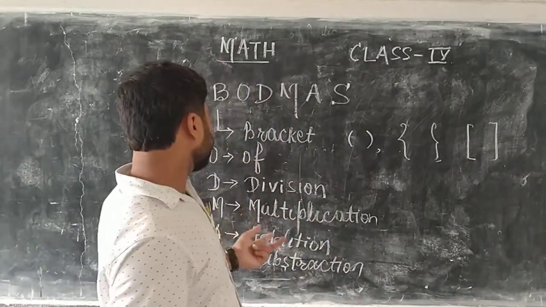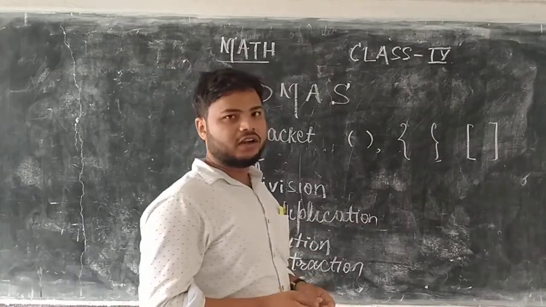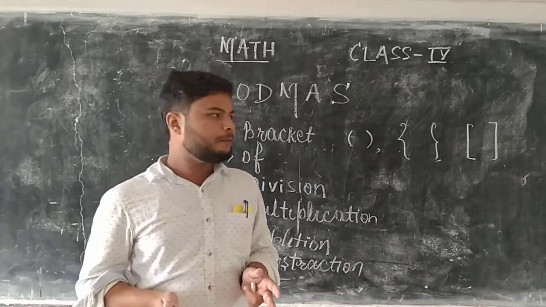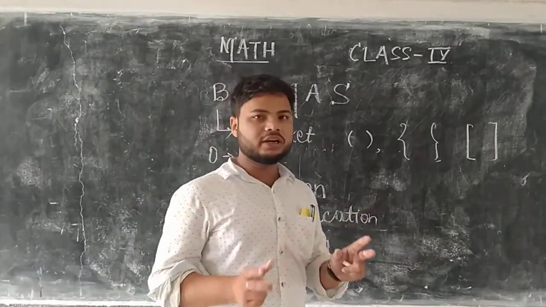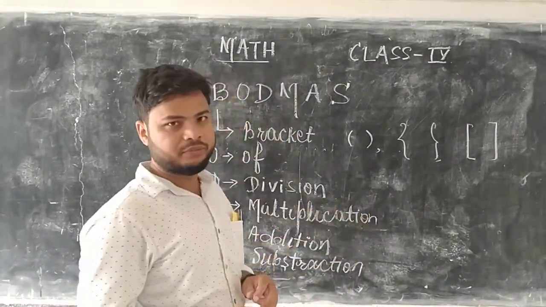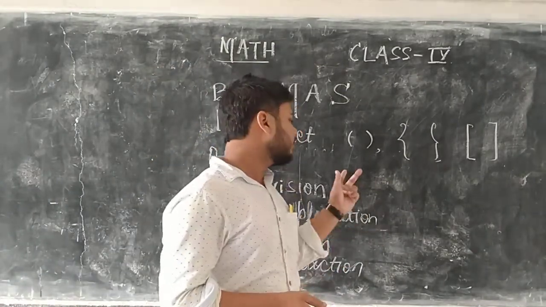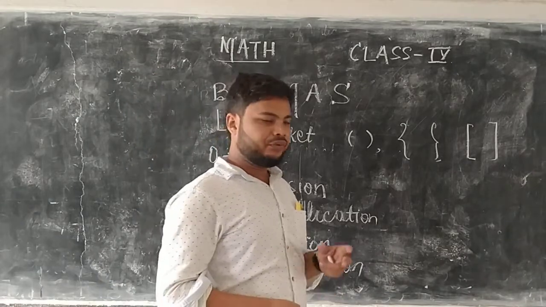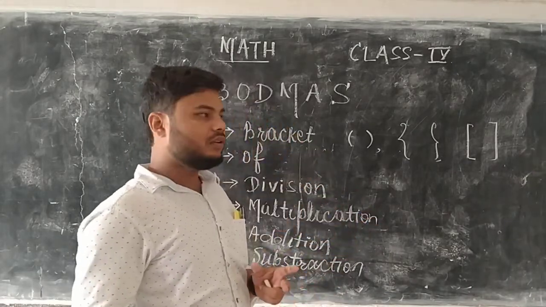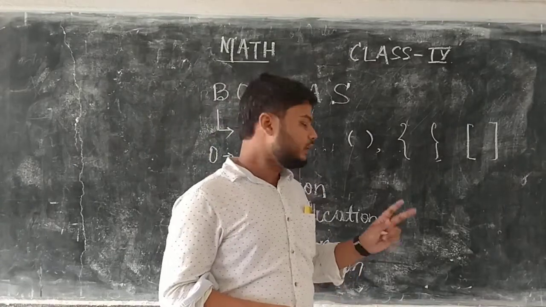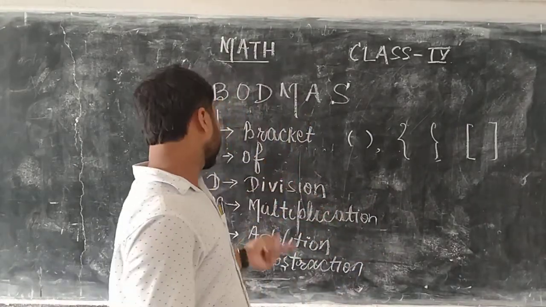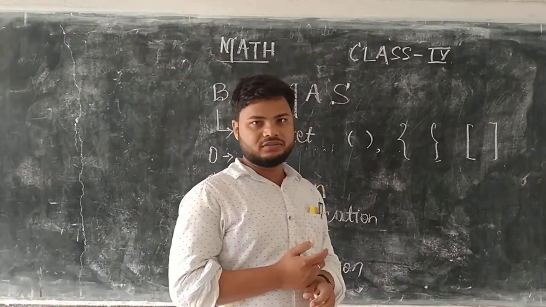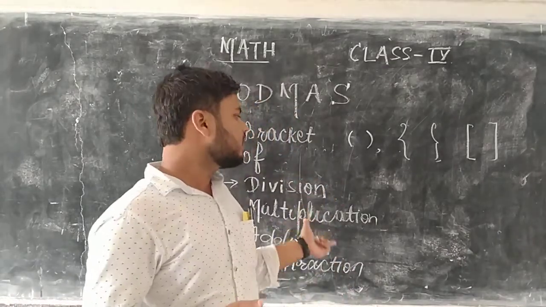Next one is multiplication, so we multiply after division. Then after that addition, we will add. And the last work is subtraction.